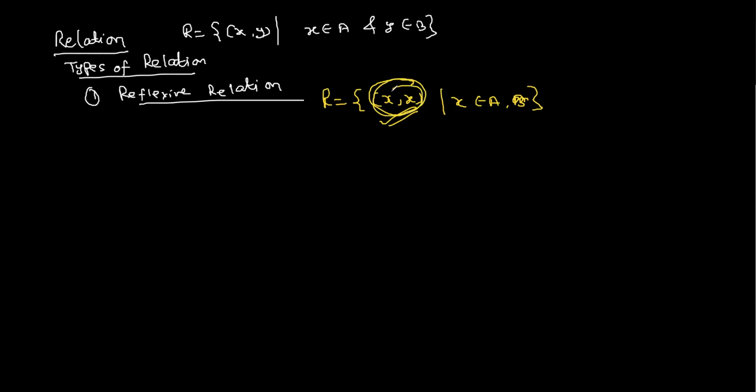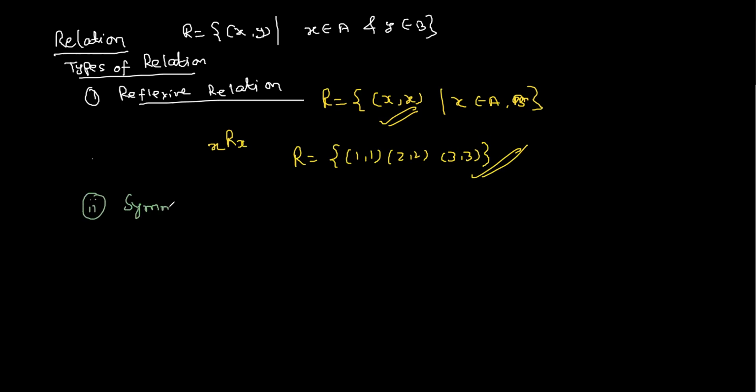Those pairs which have the same value are reflexive. You can also say x is related with x. For example, 1 comma 1, 2 comma 2, 3 comma 3 are reflexive relations. Understood?